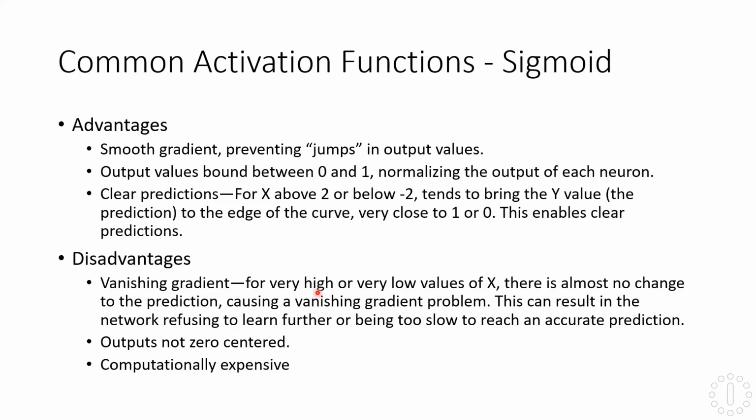So if the input value x is very high or very low, then the gradient will be so small that the difference won't be noticeable. And if this happens, then the network can refuse to learn further. So the weights won't change enough to reach an accurate prediction in any reasonable time.